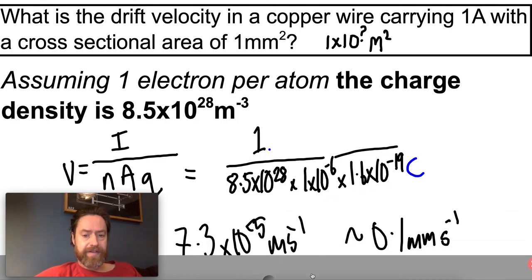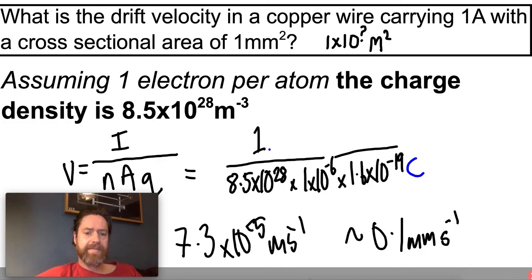The drift velocity comes out at 7.3 times 10 to the minus 5 metres per second, about 0.1 millimetre per second. That is how fast the electricity is going through the copper wires in your home.